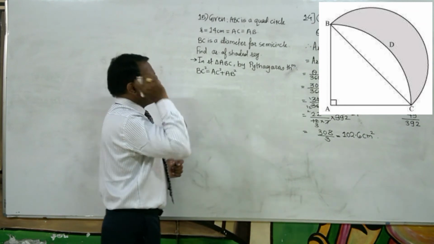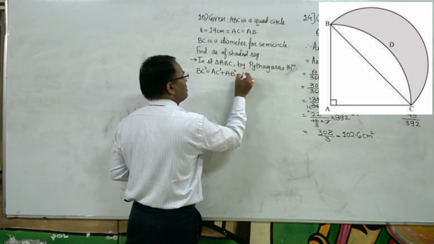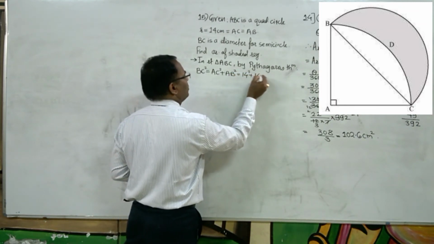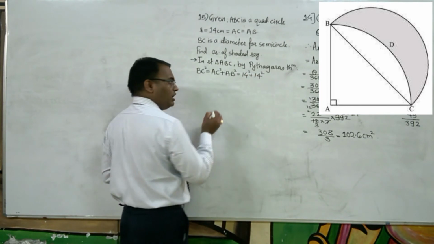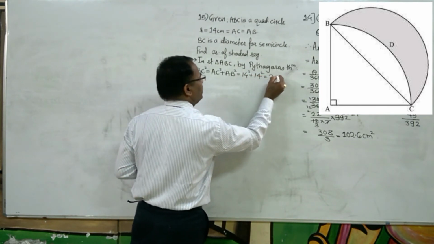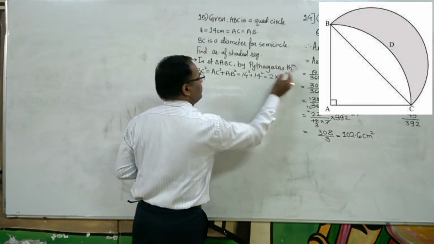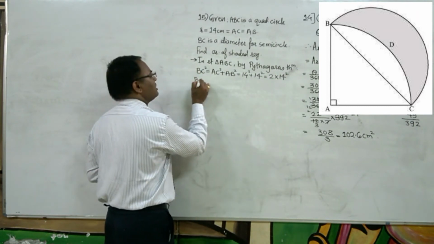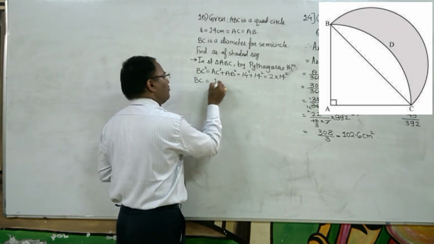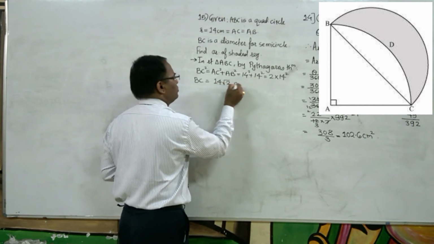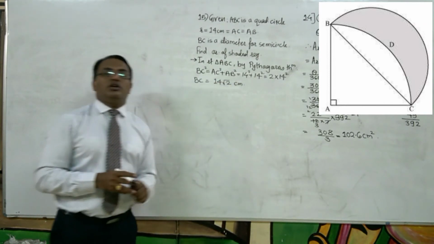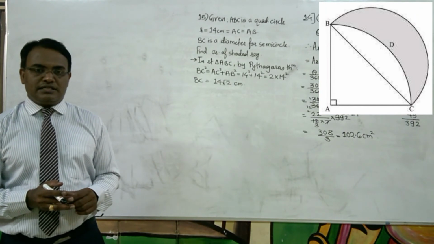Now what is AC and AB? It is 14 square plus 14 square, okay, which is nothing but 2 into 14 square. So BC is nothing but 14 root 2 centimeter, which is a hypotenuse. Is that okay?